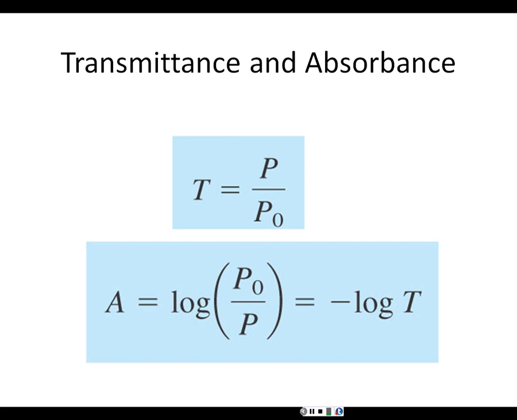So P over P0 is going to be something less than 1. That's related to the absorbance on a log scale, where absorbance is the negative log of the transmittance and is related to the amount of energy that's absorbed by a sample.